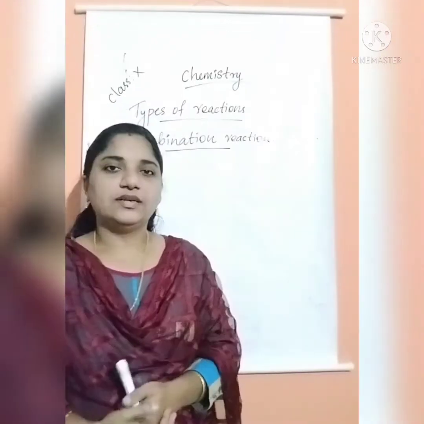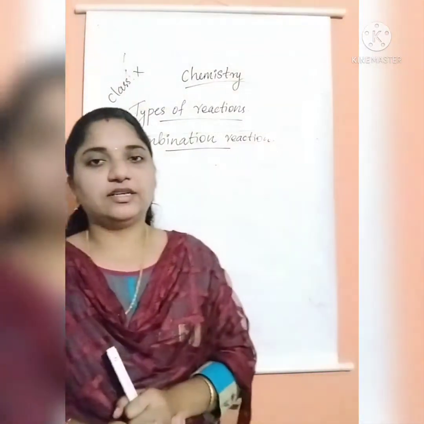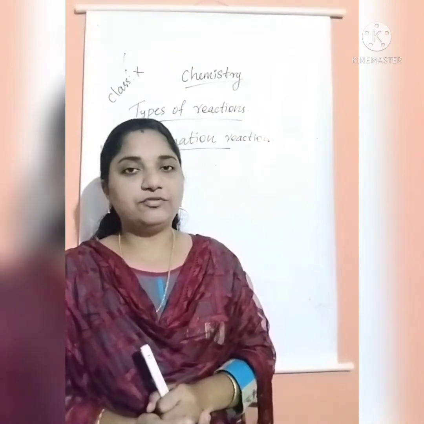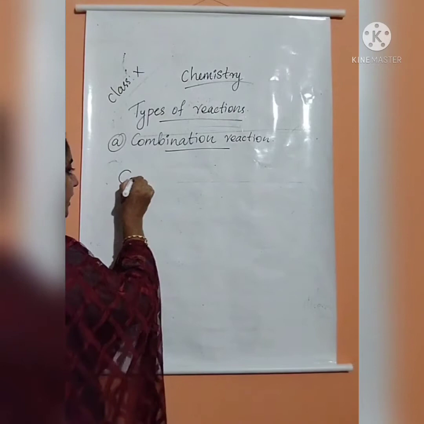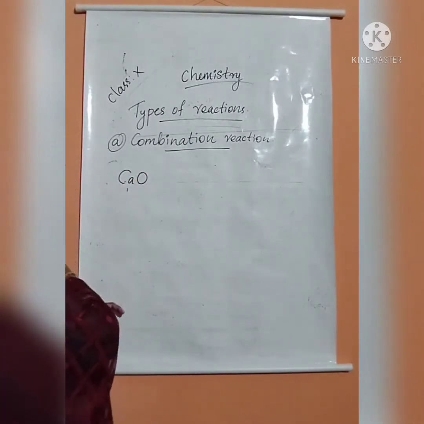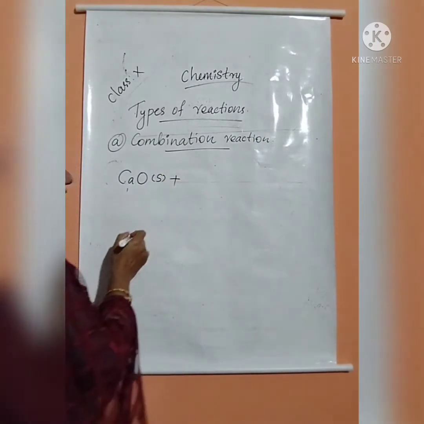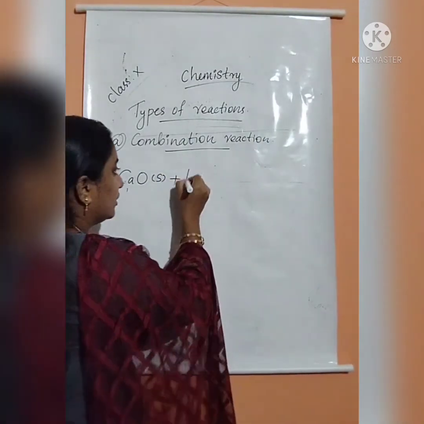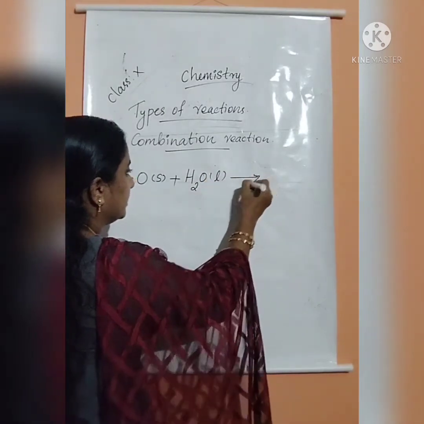Children, the first type of reaction is combination reaction. I will write an example for this reaction. Look here. Calcium oxide, which exists in solid state, reacts with water, which is in liquid state.